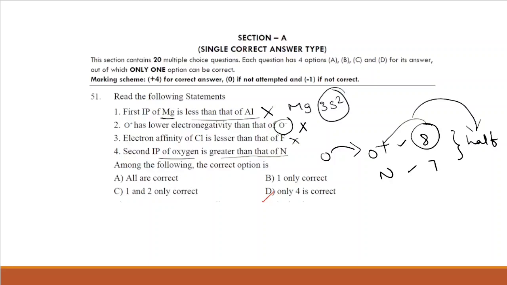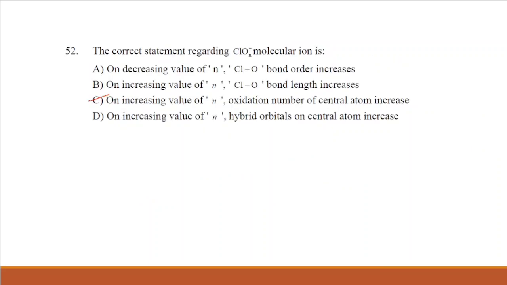Okay, now let's move to the second question. The correct statement regarding ClO minus molecular ion is. This question is based on the oxyacids of chlorine. We have a total of 4 oxyacids, that is hypochlorous acid, HClO, chlorous acid, HClO2, chloric acid, HClO3, and perchloric acid, HClO4.